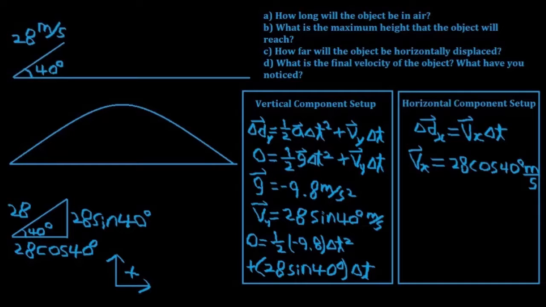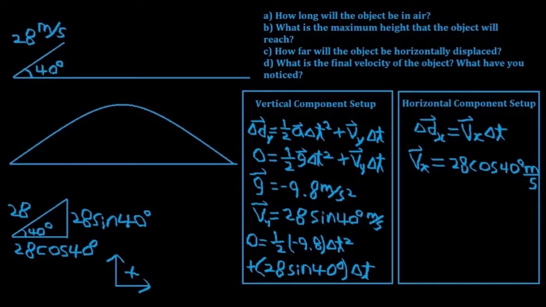In the vertical component, the overall displacement is gonna end up being zero, because the object is launched from the ground and it ends up on the ground.